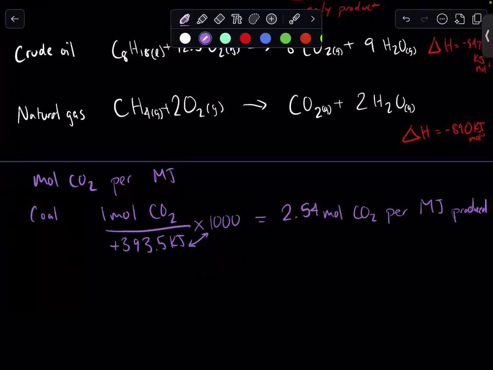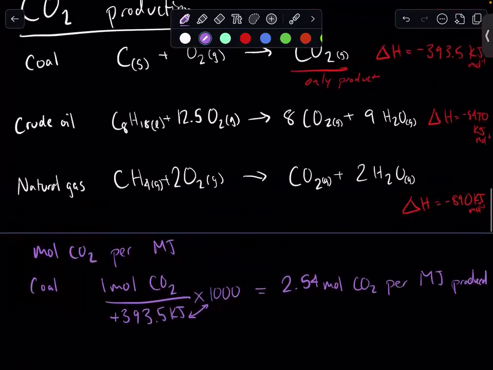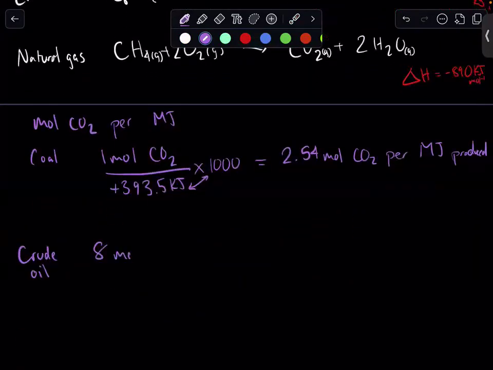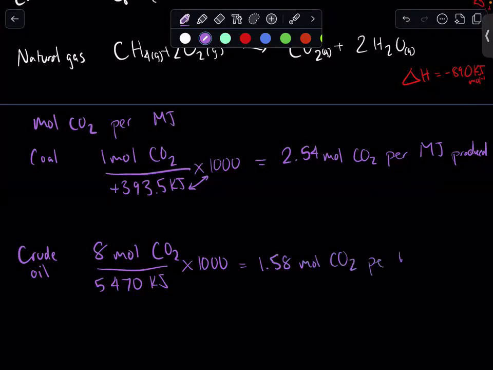That may seem like a lot or may seem like a little. We don't really have a baseline yet, so let's look at crude oil. Crude oil, we notice, produces 8 moles of CO2, so that will be our starting point. But for 8 moles of CO2, we get 5,470 kilojoules. We'll multiply by 1,000 once more to convert that to megajoules, and we will get about 1.58 moles of CO2 per megajoule produced.